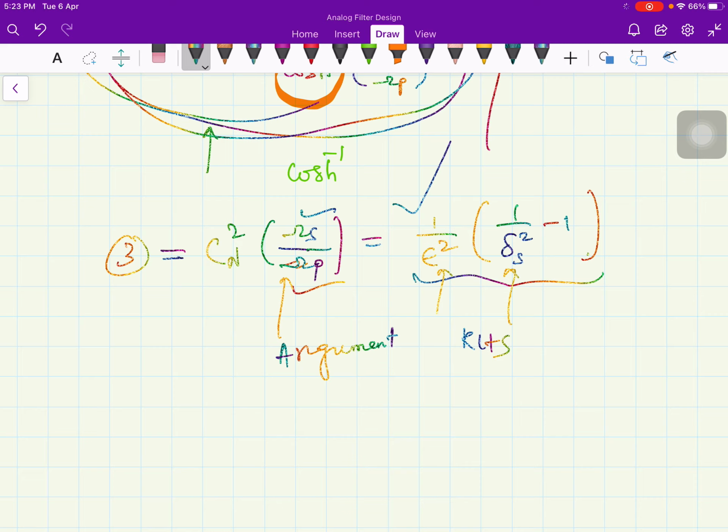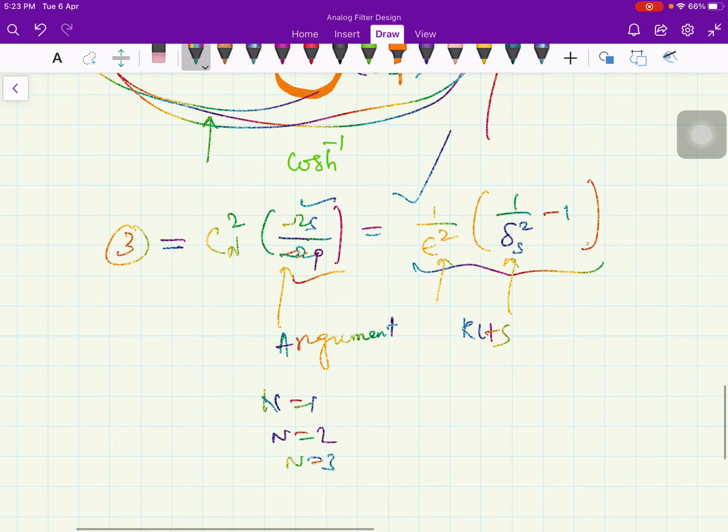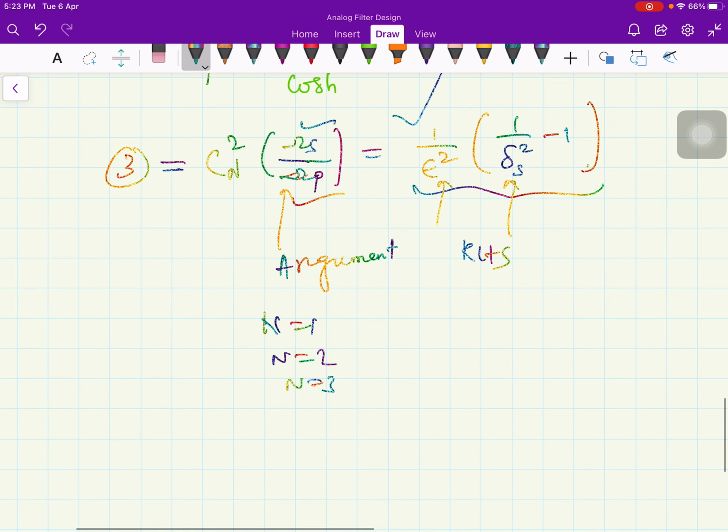So you have Cn square of a known quantity. Then you try capital N, substitute capital N equal to 1, 2, 3 and so forth. Try from, let's say, capital N equal to 2. If the left hand side is less than the right hand side, then you increment capital N by 1. So this can also be programmed. Increment N value from N to N plus 1 and see whether they are equal or not.